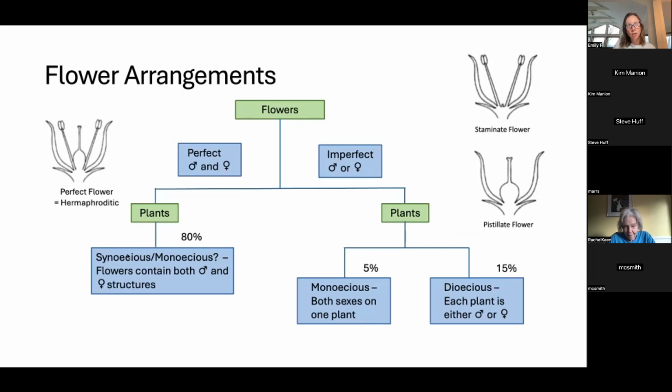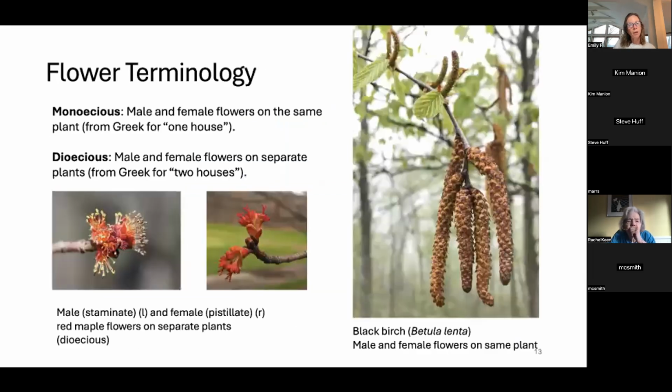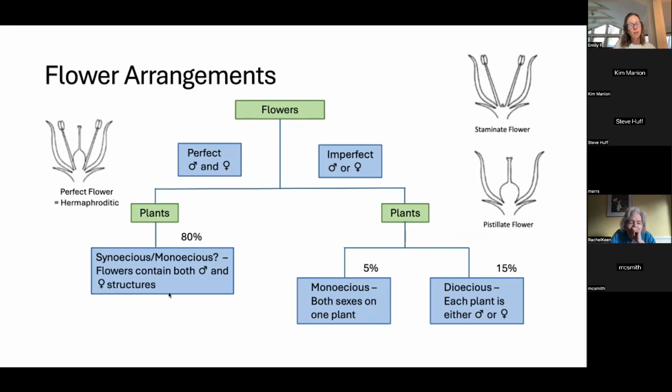Someone suggested the word is synoecious, and I have previously heard it, you heard monoecious, so the jury is still out on what the word should be, but flowers contain both male and female structures. And if anybody in this meeting or in this lecture or talk tonight knows what that word should be, I would absolutely invite you to put it in the chat so that I can research it later.